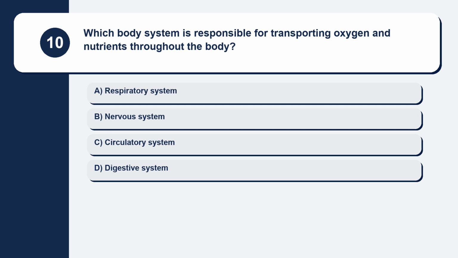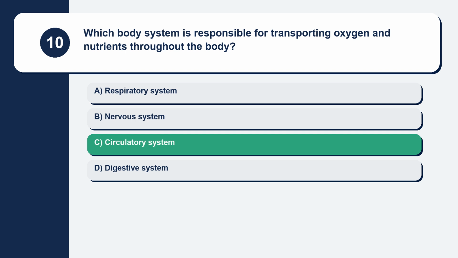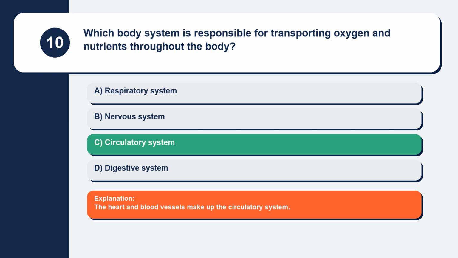Question 10. Which body system is responsible for transporting oxygen and nutrients throughout the body? Respiratory system, nervous system, circulatory system, digestive system. The heart and blood vessels make up the circulatory system.